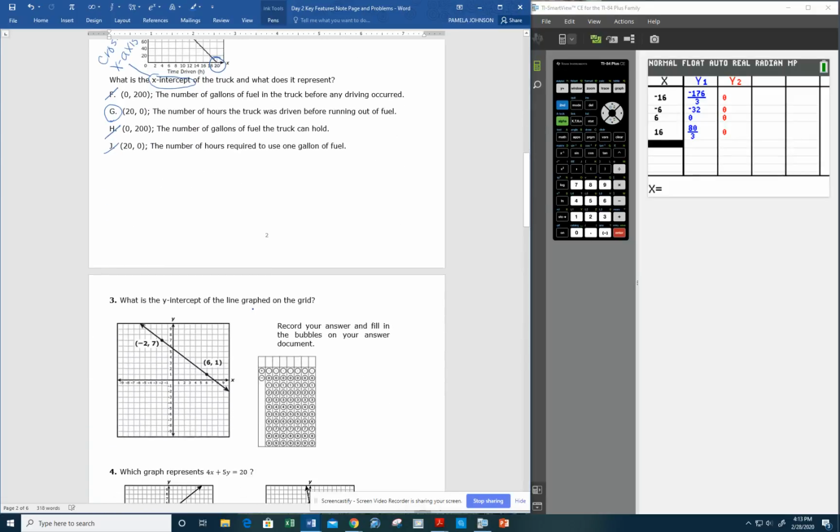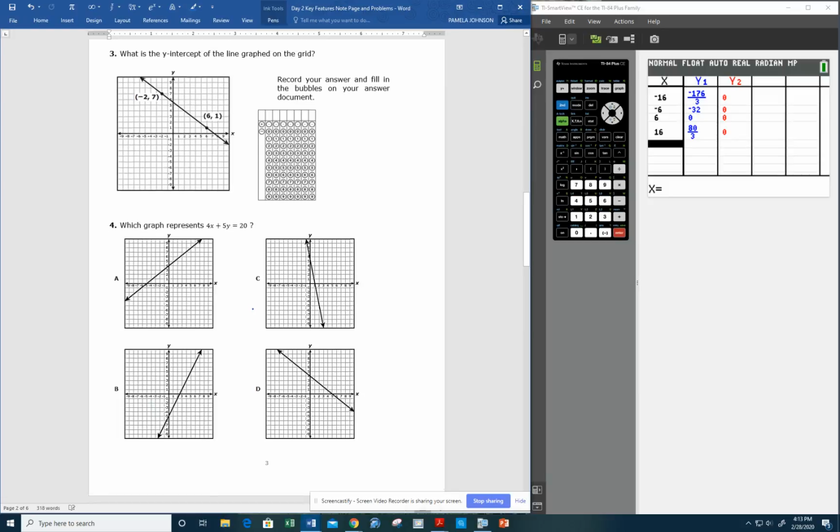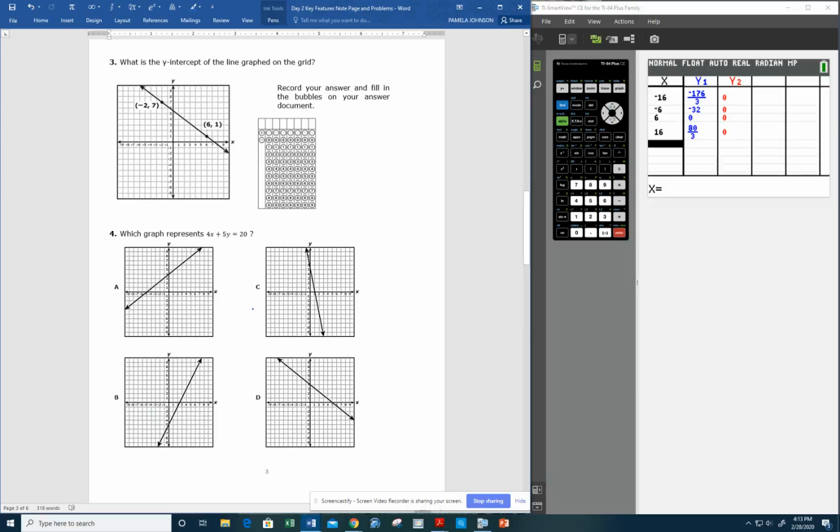so let's look at number 3. What is the y-intercept of the line graphed on the grid? Now, you could look at this and try to make a pretty decent educated guess, but just to be sure, because you never know, it might not be exactly what we think it looks like. So what we could do is we could put this into stat edit.